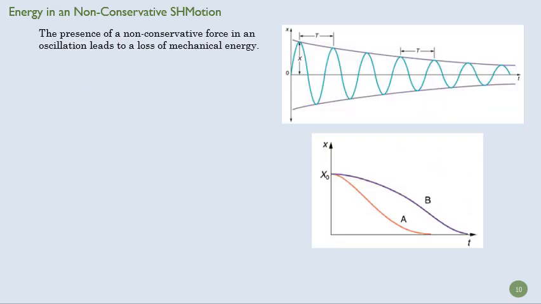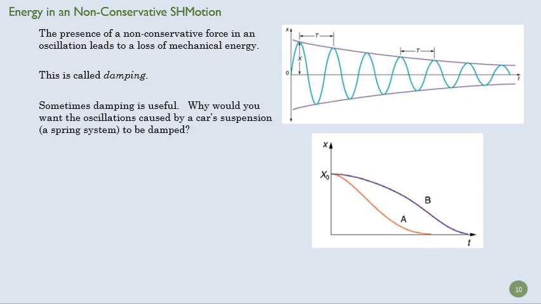Now, a lot of systems with springs in them are not conservative. In other words, the energy dissipates over time. And we call that damping. And damping, usually we think of friction as a negative, but damping can be quite useful. We ask here, why would you want the oscillations caused by a car's suspension system to be damped?